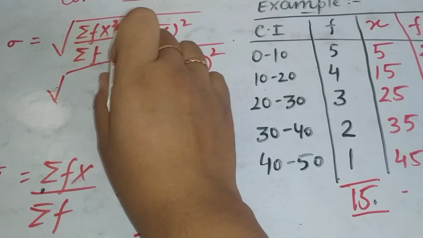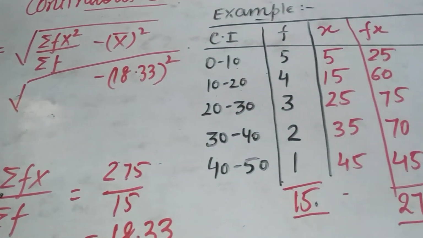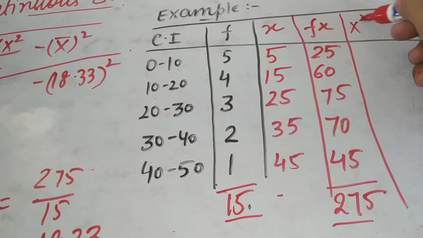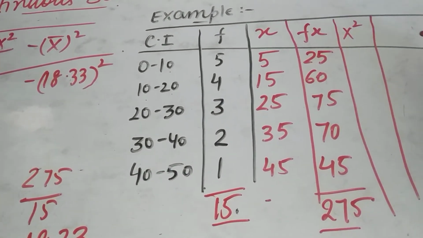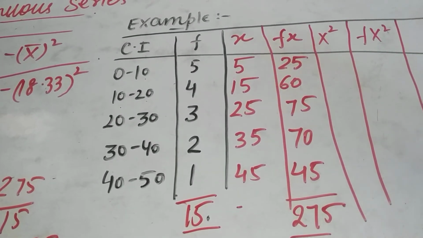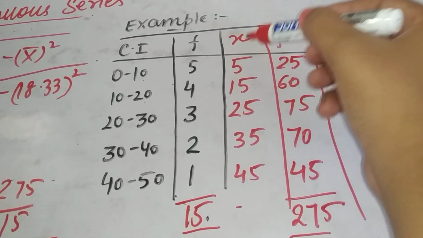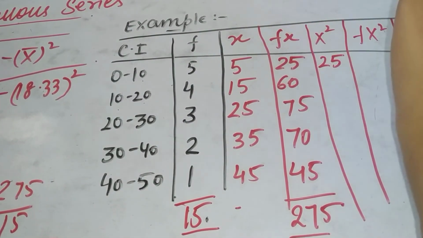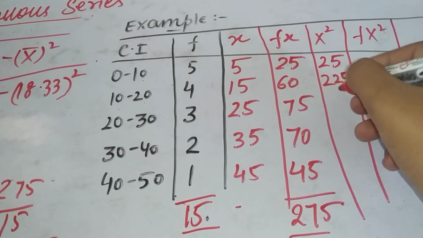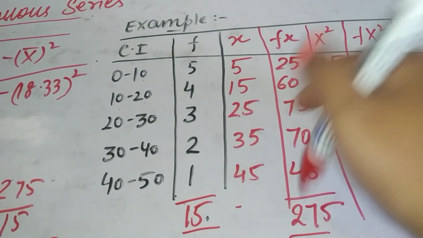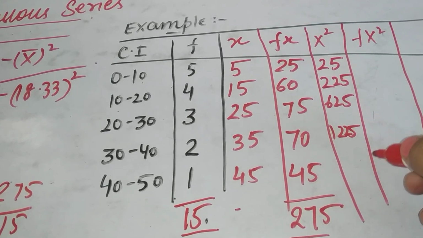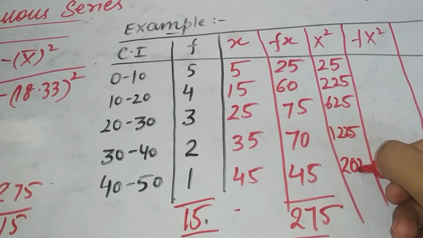Now we require fx square. So firstly calculate the square of x, then we multiply this column with f, and only then we get the values for fx square. So the square of 5 is 25, 15 square is 225, 25 square is 625, 35 square is 1225, and 45 square is 2025.